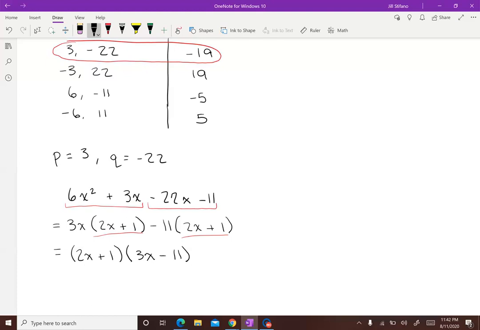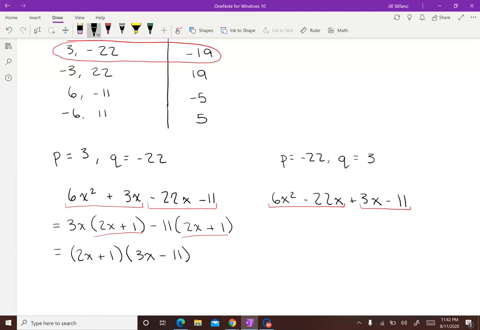Now let's try it if we did p equals negative 22 and q equals 3. So when we rewrite our polynomial, we would have 6x squared minus 22x plus 3x minus 11. Okay, and again, we factor out the GCF of the first two terms and then the last two terms.